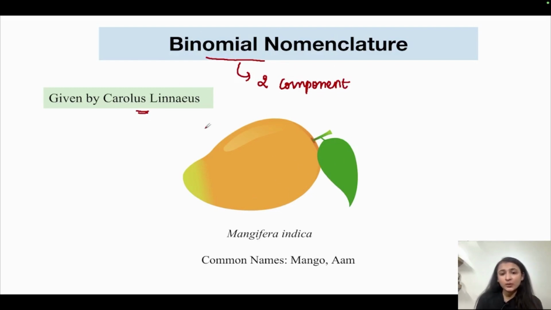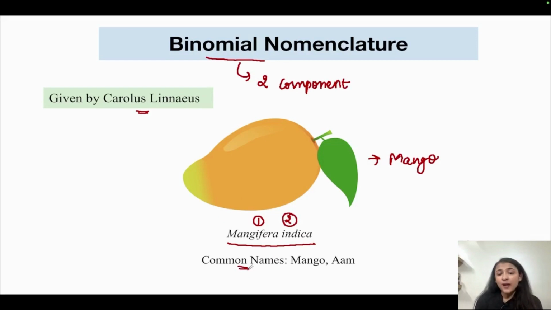For example, you can look at this. This is a mango. But its scientific name, as per the rules of binomial nomenclature, is Mangifera indica. Now you can see this name has two components. So whenever the name has two components, this naming system is known as binomial nomenclature.